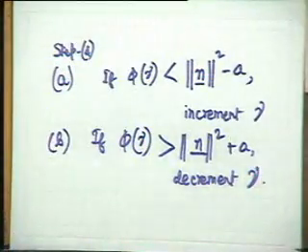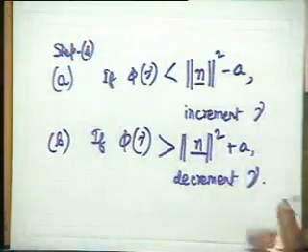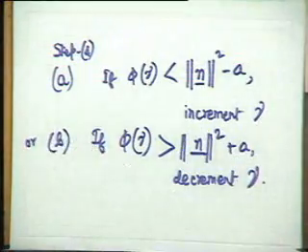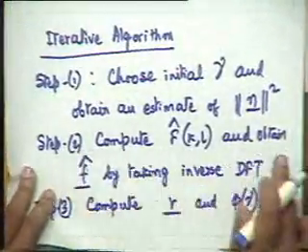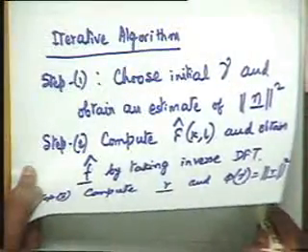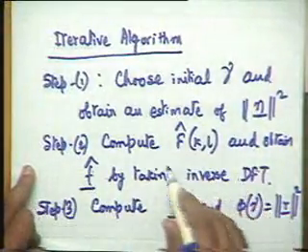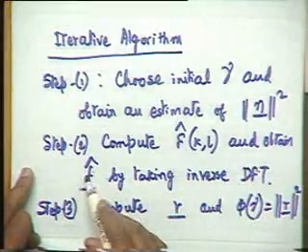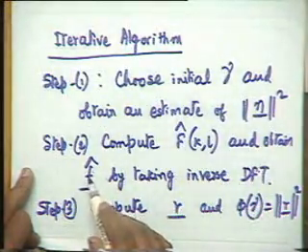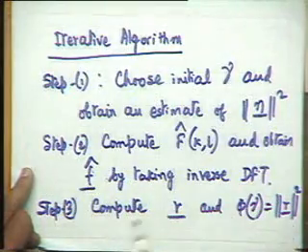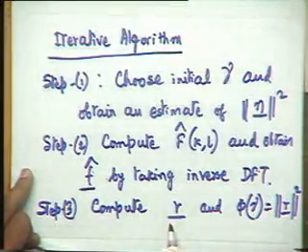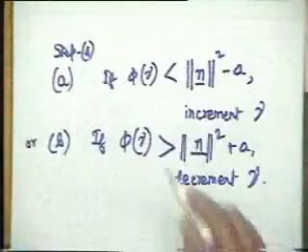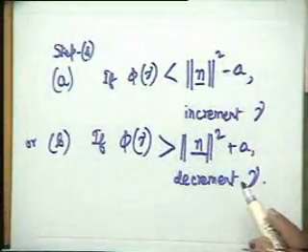After incrementing or decrementing, in which step will you come back? Again we will come back to step 2, with the new value of gamma we will have a new estimate of F hat kl and obtain a new f hat vector, and then we will be computing R, the residual vector in the second iteration, and proceed in a loop.